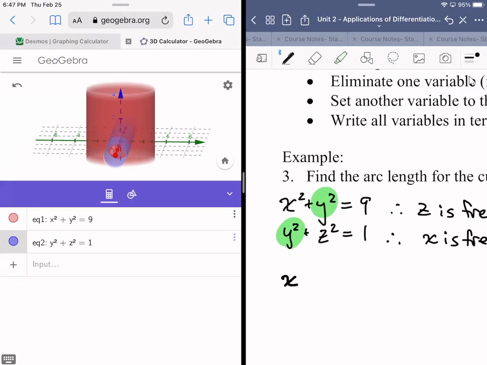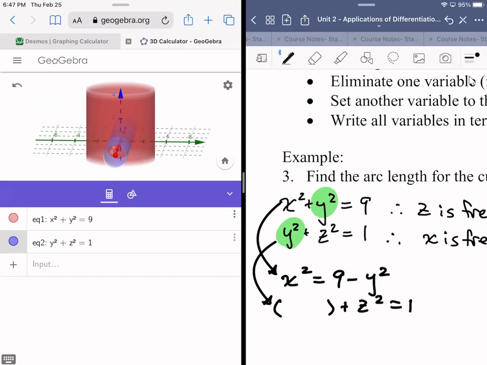So I'll take the x squared and solve that in terms of y squared, and then I'll replace the y squared with what I now know it's equivalent to.